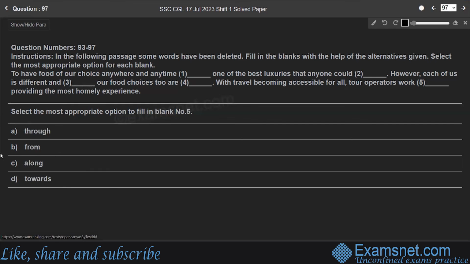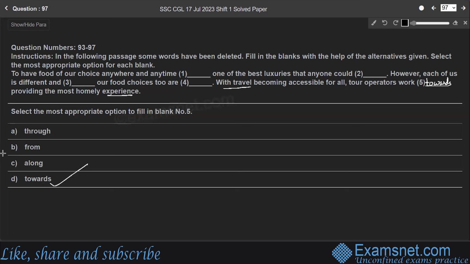Question 97: With travel becoming accessible for all, tour operators work dash providing the most homely experiences. Option D is the answer here. Work towards means to do things that help you to make progress towards something that you want to achieve, right?